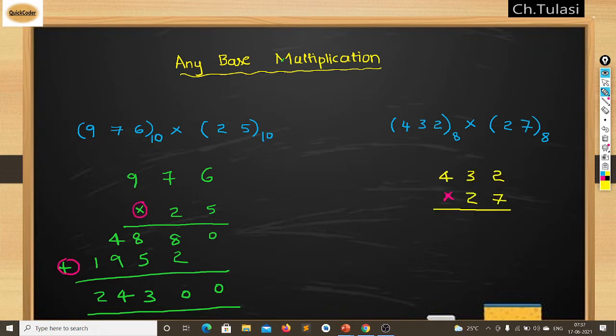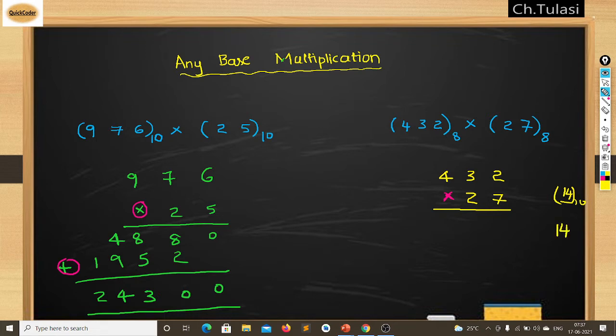Okay, friends, let's start multiplying these octal numbers. Let's see what the strategy is here. First of all, 7 into 2. What is 7 into 2? 14. This 14 is in decimal form, so we have to convert it into octal form. How can we do this?